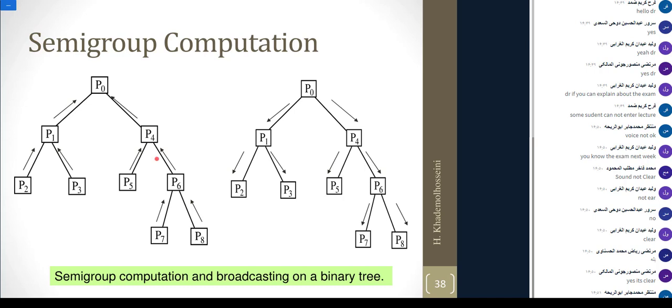The first phase was semigroup computation upward, from leaves to root, and the second phase was broadcasting downward from root to leaves.